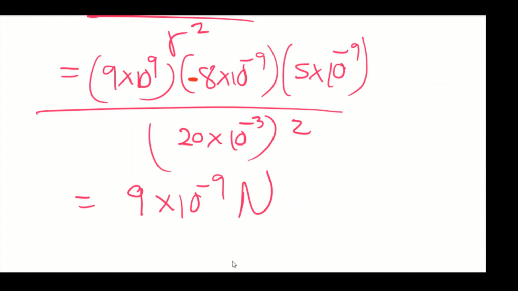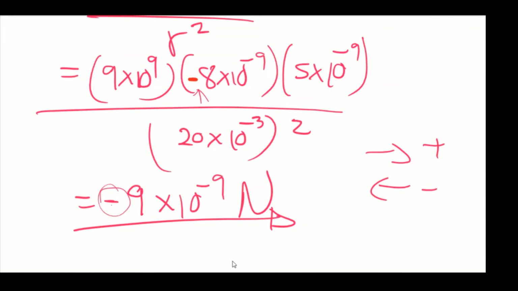If you include that negative, it's just going to be -9 times 10 to the power of -9. So this sign will just indicate the direction of the force. If you choose right to be positive, then left would be negative.